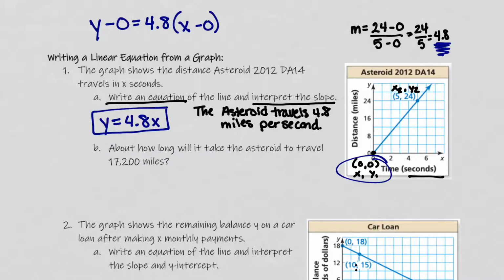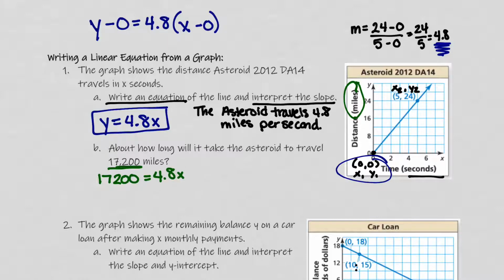B asks for about how long it will take the asteroid to travel 17,200 miles. Okay, so miles is y. That's where the miles is located over here. So in my equation, I'm going to plug in this for y. 17,200 equals 4.8x.